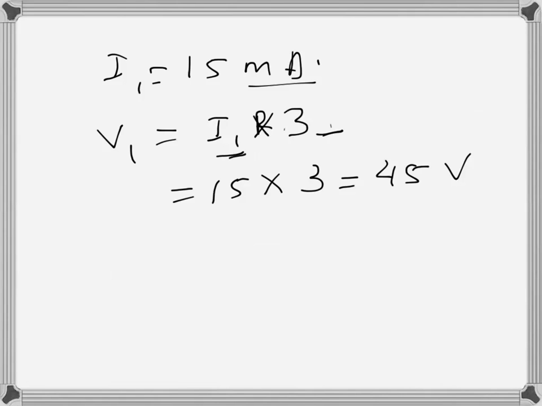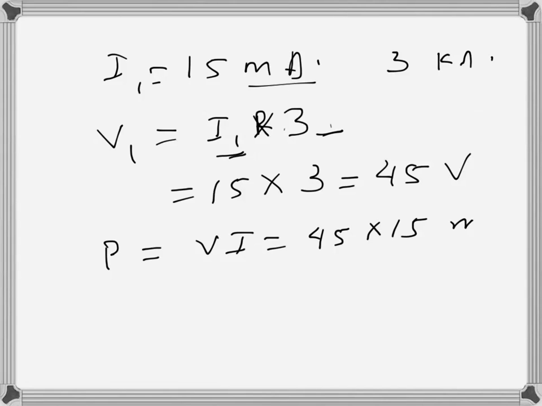And then power will be VI, so V times I. V is 45 and I is 15, and the unit will be milliwatts here. So that's 675 milliwatts, because it's 45 volts times 15 milliamps.